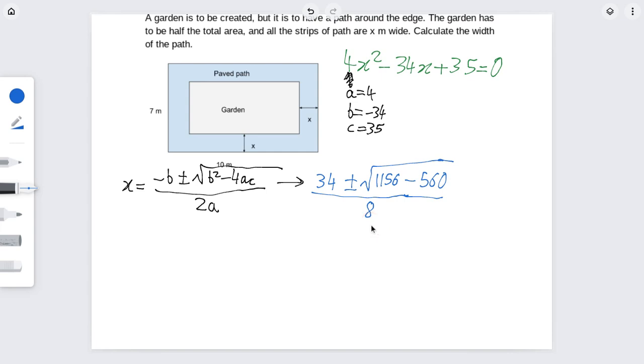So this will be equal to 34 plus or minus the square root of, underneath will be 8 as always, 1156 minus 560, which is equal to 596. And this is the square root of 596. It's going to be some kind of decimal number, but we'll leave it like that.